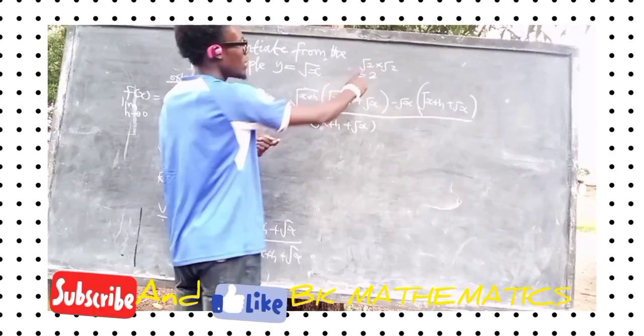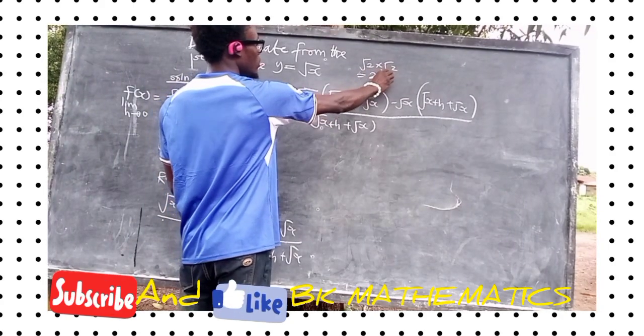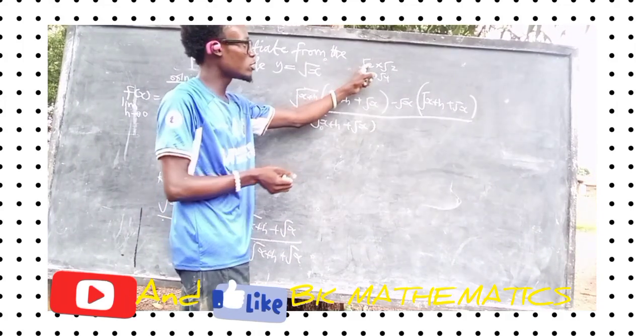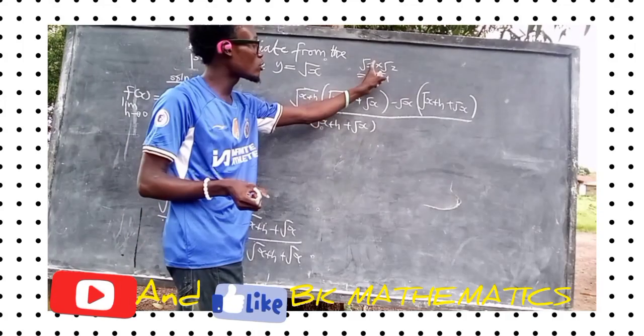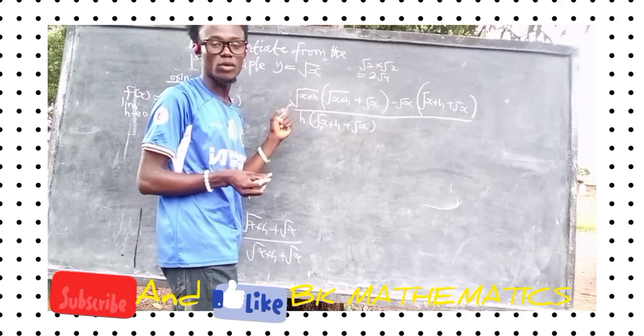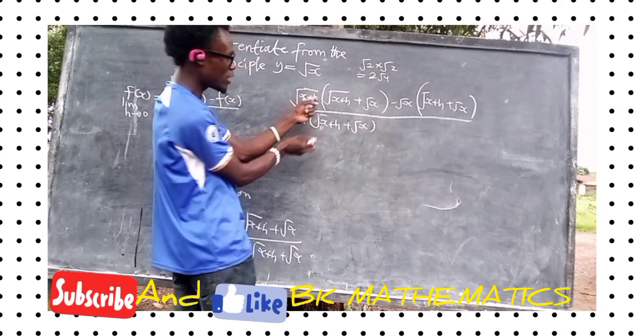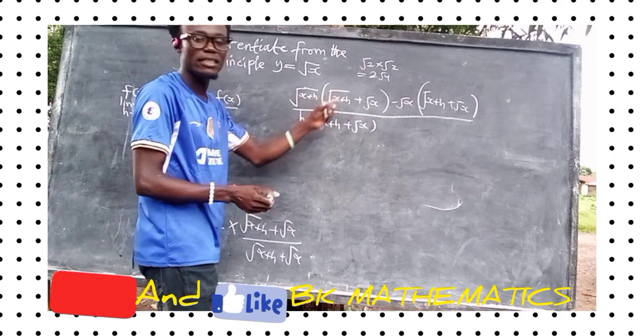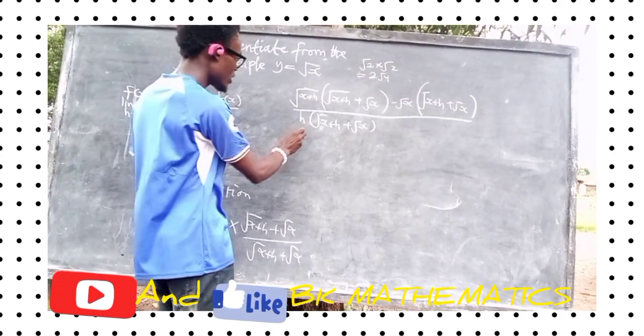The reason being, 2 times 2 gives 4, and the square root of 4 gives 2. The same thing applies here: this is root x plus h and this is also root x plus h, so when multiplying them, you take one of them as your answer.